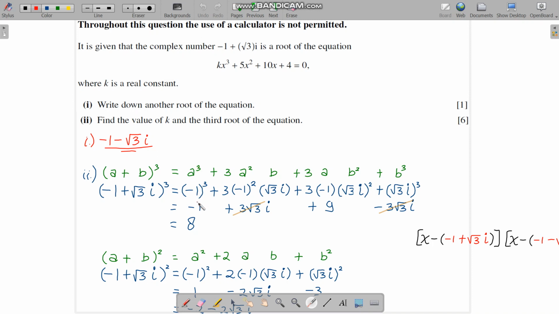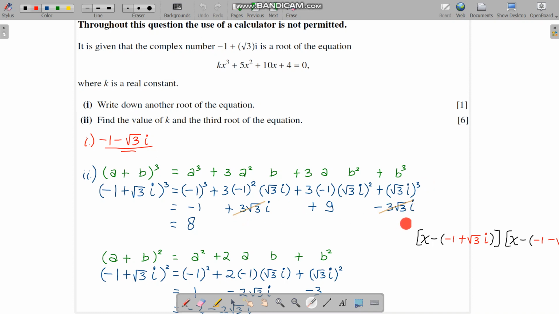Minus 1 cubed is minus 1, 3 times 1 is 3 times this, so 3 root 3 i, minus 3 times here, if you square it, you get (root 3 i) squared, so it's minus 3. Minus 3 times minus 3 is plus 9. And here you have root 3 cubed is 3 root 3, i cubed is minus i.